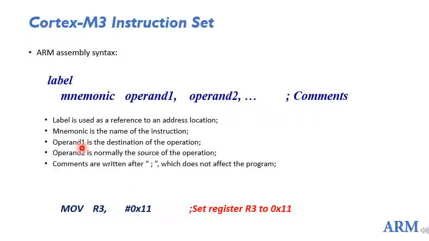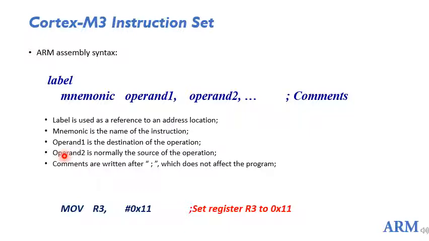Now operand 1 is always the destination of the operation, and operand 2 is normally the source of the operation. So when it is move, it is move operand 2 to operand 1. And when it is add, if you have only two operands, it will add operand 1 and operand 2 and save the sum in operand 1.